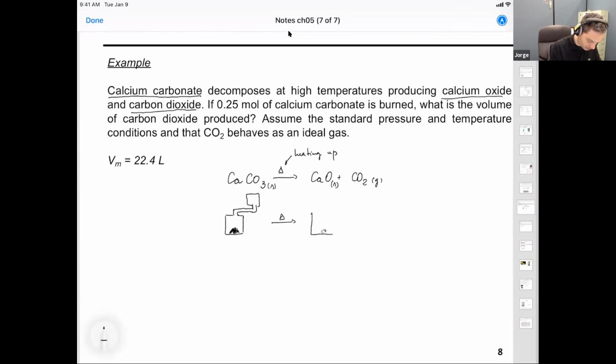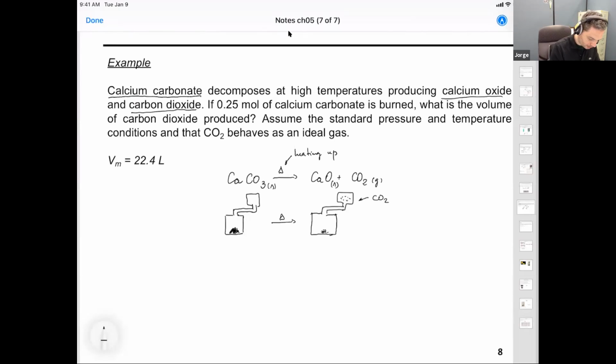One of the products is still solid, and the other product that is a gas is going to be collected right here in the chamber, okay? So therefore, we have all the CO2 collected in the chamber above the reaction.